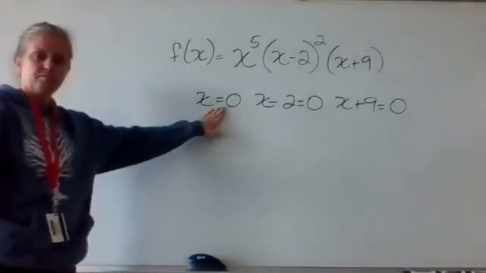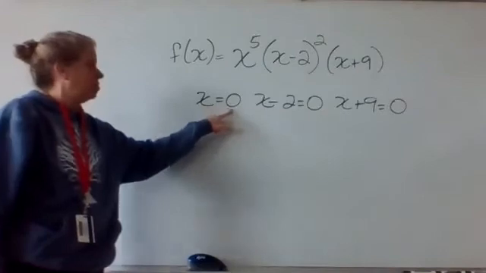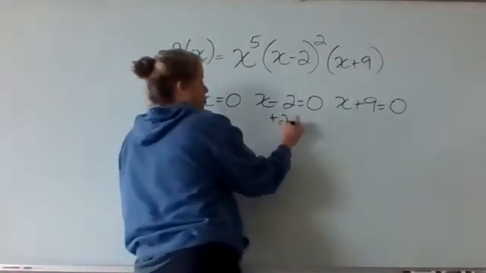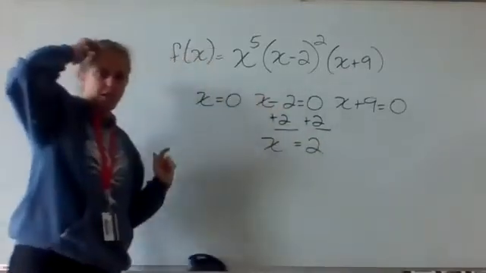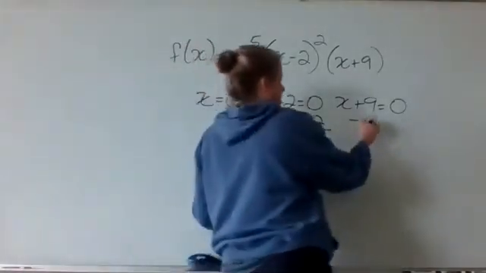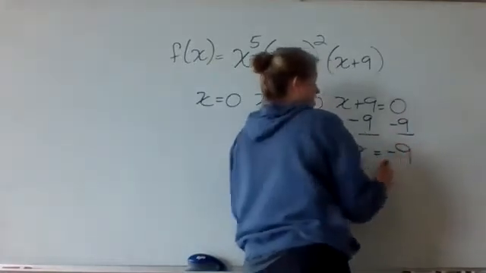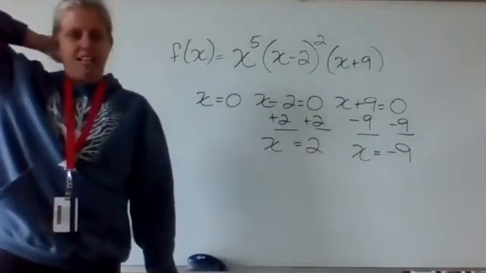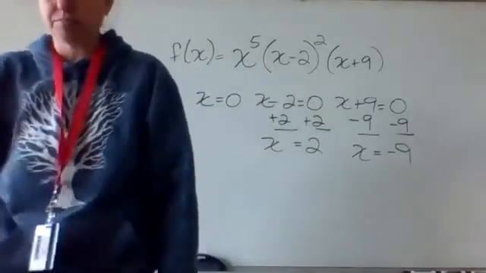This one's already solved. So there's one of your x-intercepts. It's going to have an x-intercept at 0. This one I need to add the 2 to both sides. So x equals 2. And here I need to subtract the 9 from both sides. So x equals -9. So there's your x-intercepts, or your zeros.